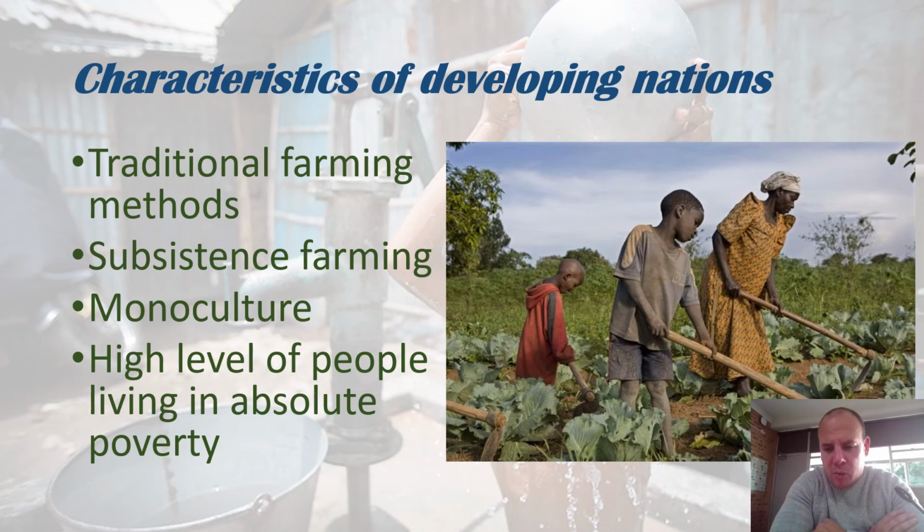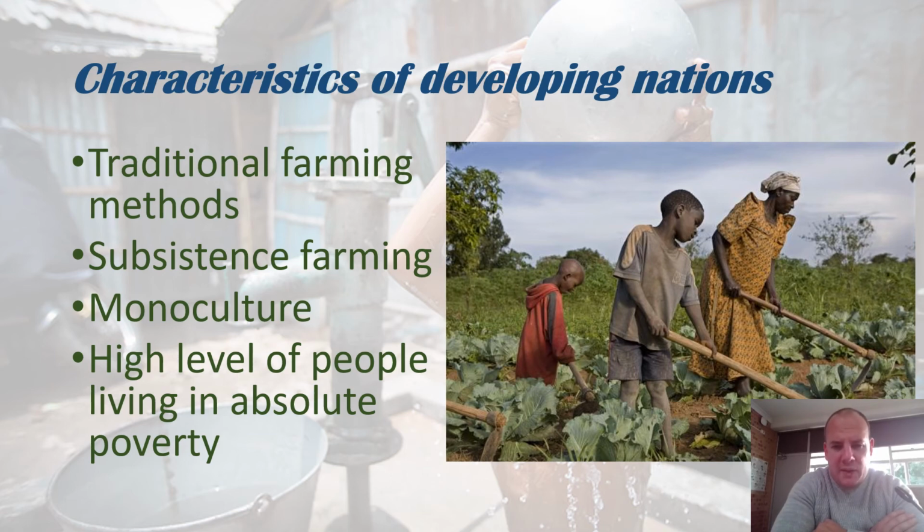And it's monoculture as well, so it's just one crop, which can be a bit of an issue when you rely on that crop for your income, and you might get a bad year, you might get a bad crop, there might be a natural disaster, or the price of that crop falls, therefore you're not going to get that wealth. So that's what we mean by monoculture and subsistence farming. That's two of the key words that I was talking about at the start of the lesson. So make sure you've got in your Cornell notes a good understanding of what that means.